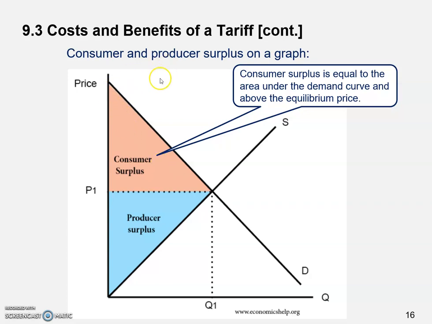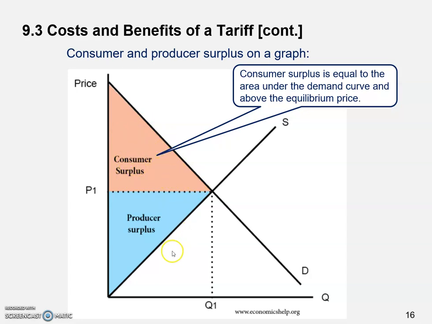Again, for each consumer it's the area below him or her, but putting all of them together, especially if we line them all up along the demand curve, this orange triangle below the demand curve and above the equilibrium price is the consumer surplus.